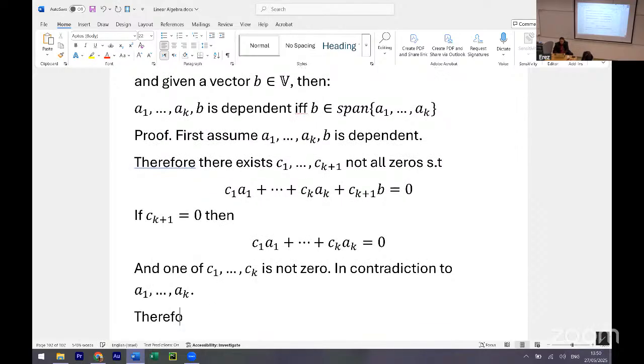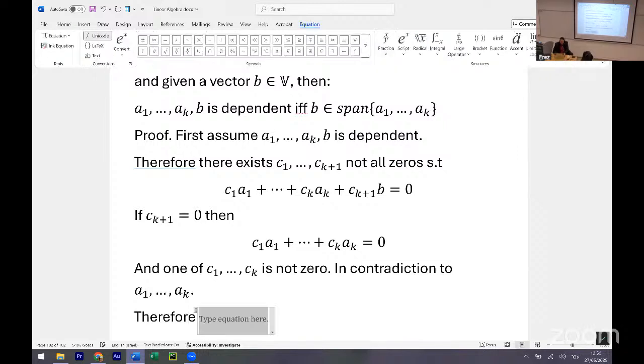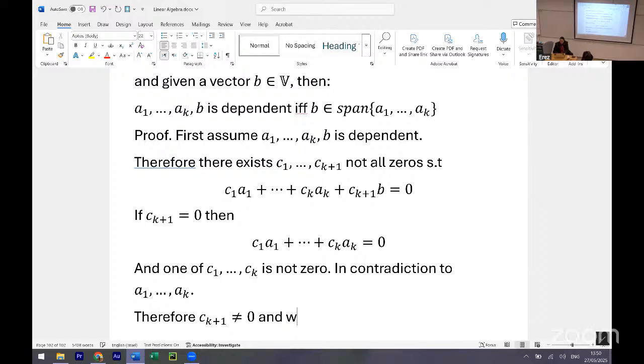Therefore, C_{k+1} is not 0, and we can divide by it, right? We have a field, we have an inverse for every number different than 0.